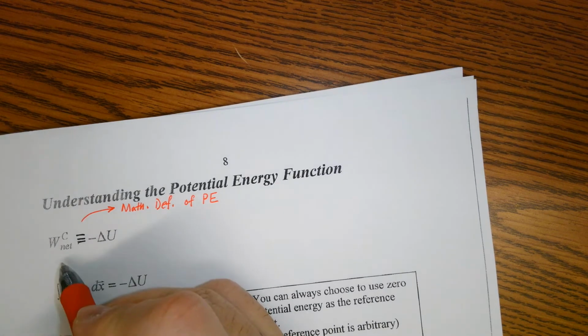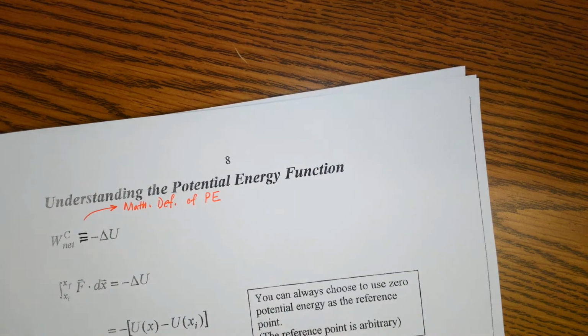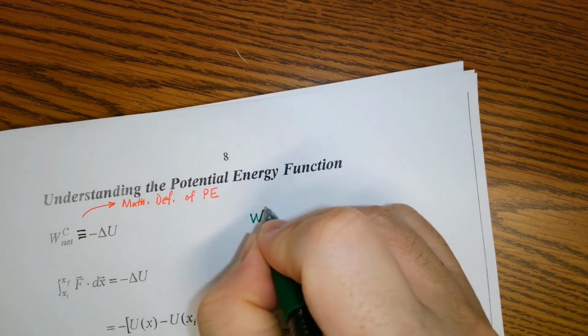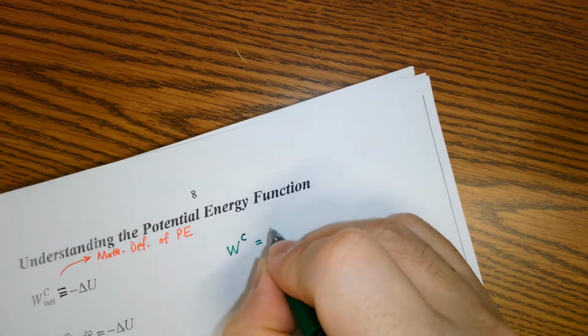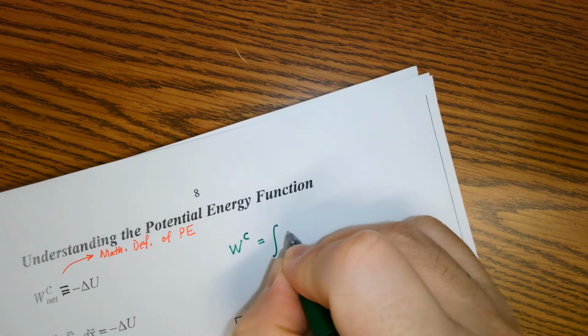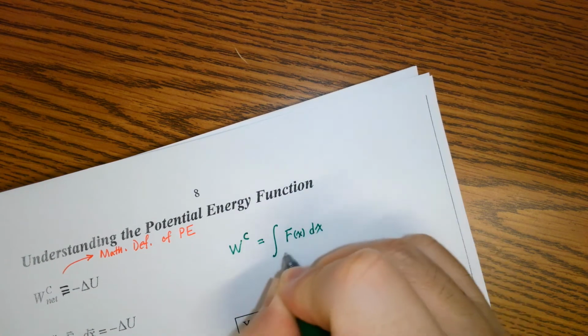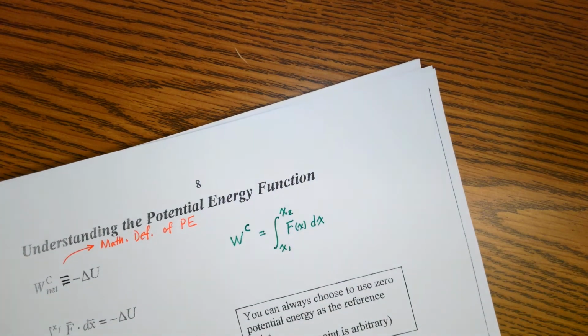Now we already know that the work done by a conservative force is equal to the integral of F of x dx, from x1 to x2. We learned that already.